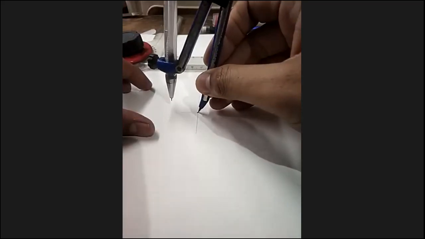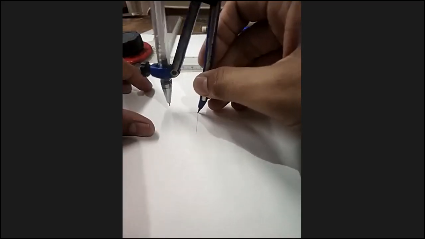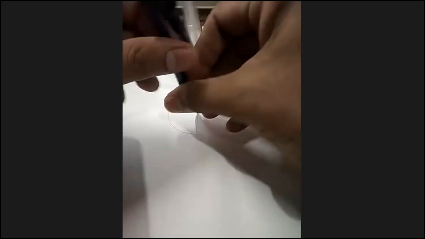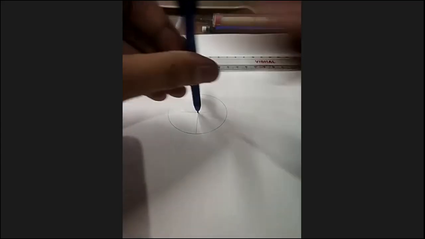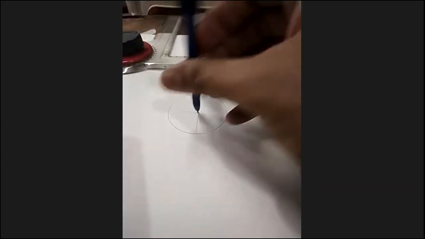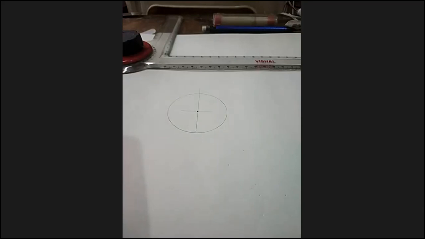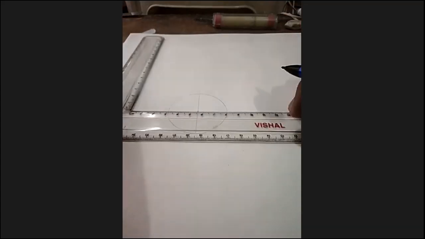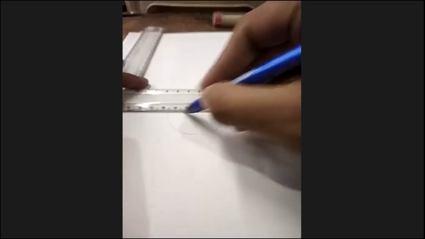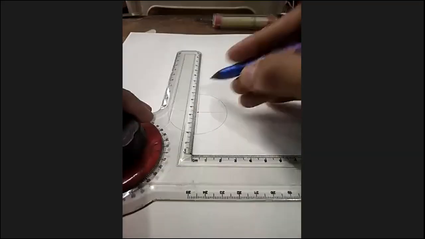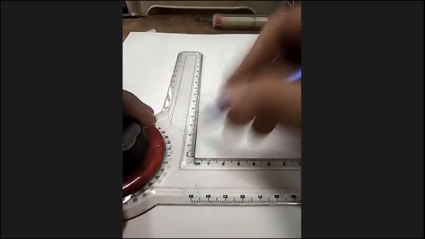So this is the radius. It is not 50 mm, that is the diameter. So the radius is 25 mm. So this is my circle. Like this. Fine. Now I will divide it in equal parts. I will divide it in 8 parts. So this will be 2 parts, it's 4 parts.